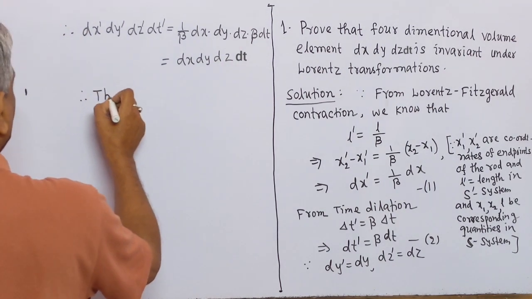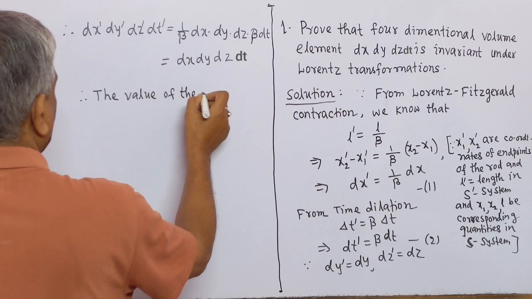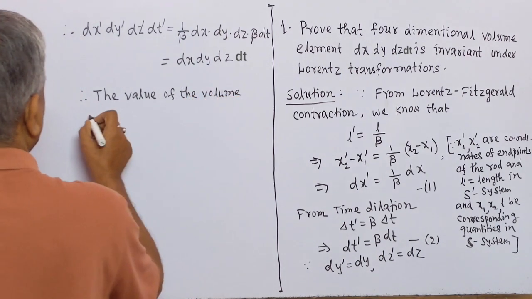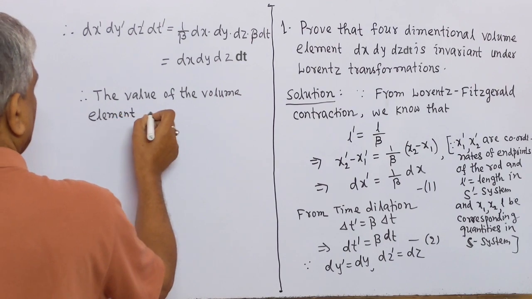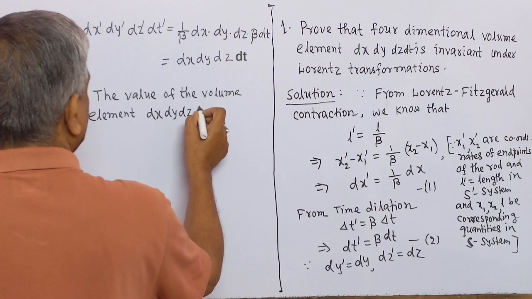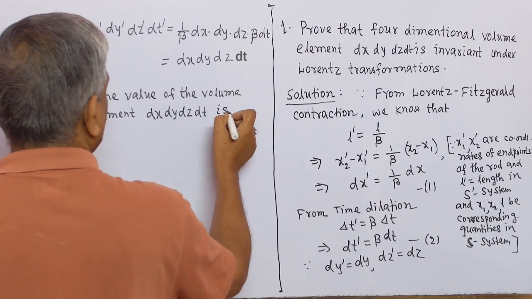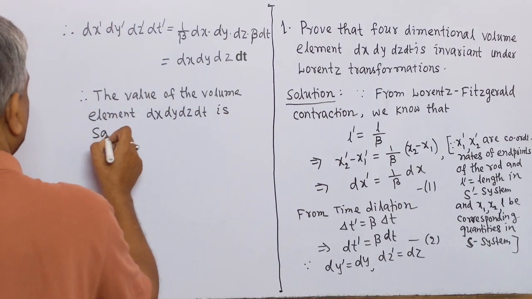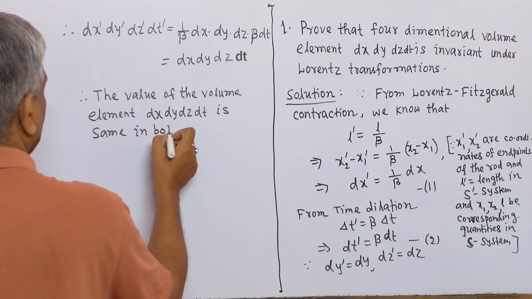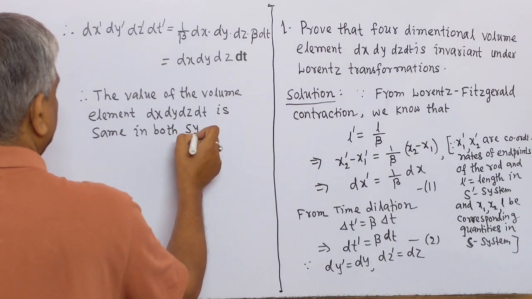Therefore, the value of the volume element dx dy dz dt is the same in both systems.